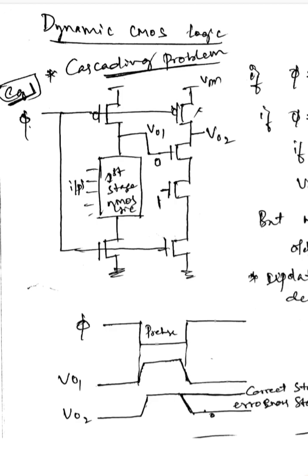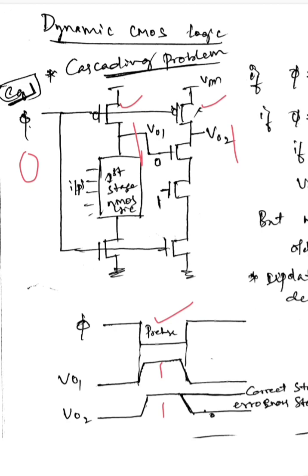Let us consider the first case, phi equal to 0. If we provide the clock signal as 0, these two transistors will be turned on, and this is called the precharge state. Output VO1 goes high and also VO2 goes high. In the timing diagram you can observe that in the precharge state, when the clock is 0, VO1 is 1 and VO2 is 1.